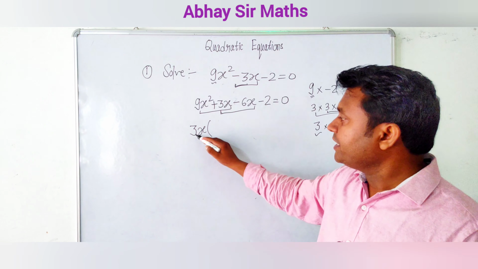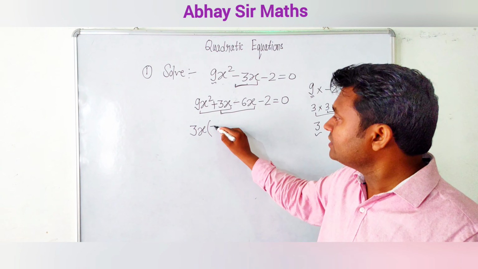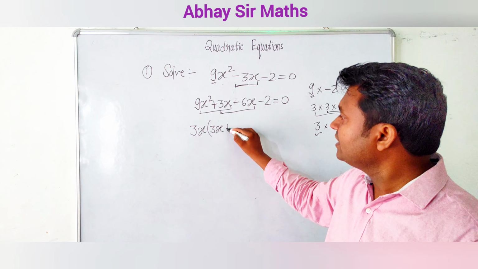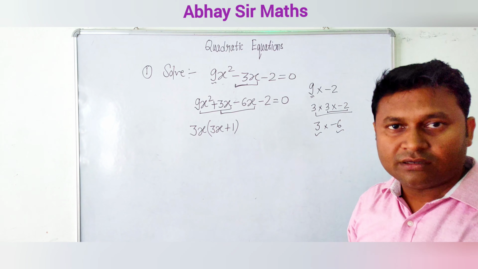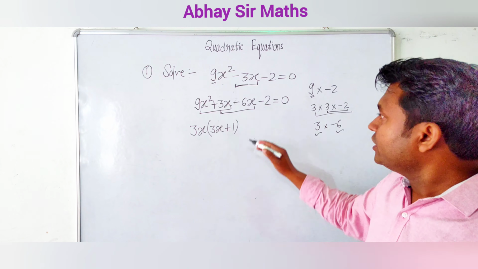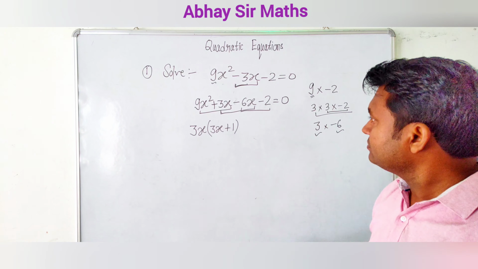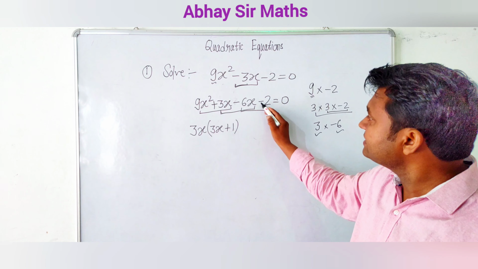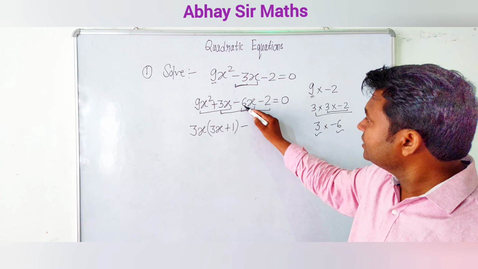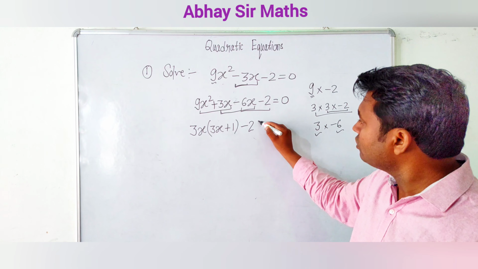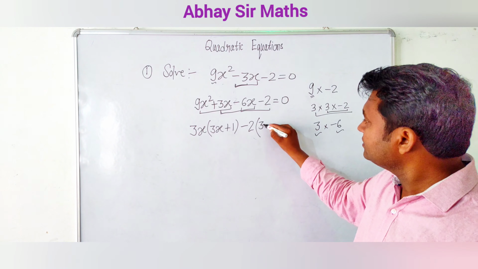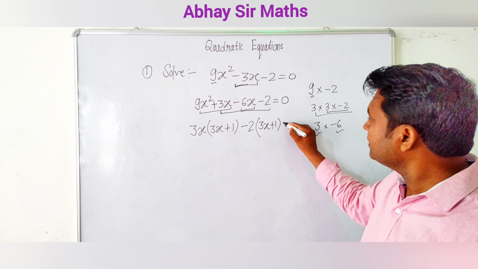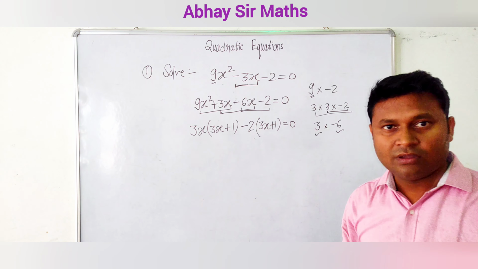Taking out 3x, what is left inside is 3x and 1. Now for these two terms, minus is common, and with 6 and 2, 2 is common. What is left is 3x plus 1 equal to 0.